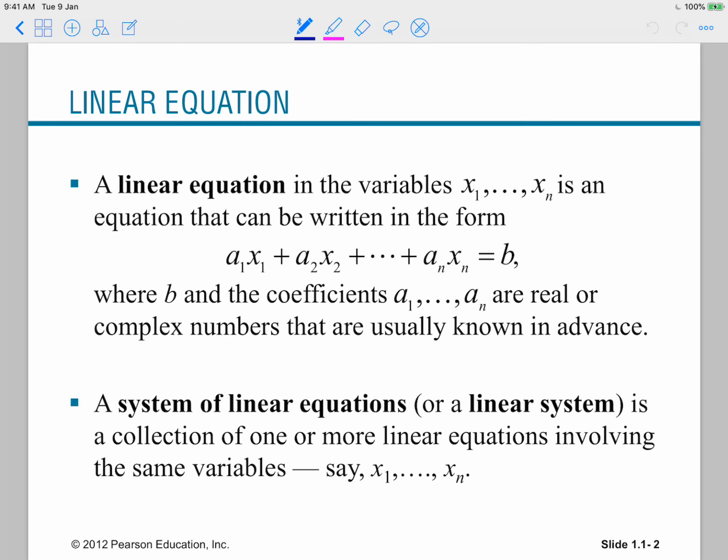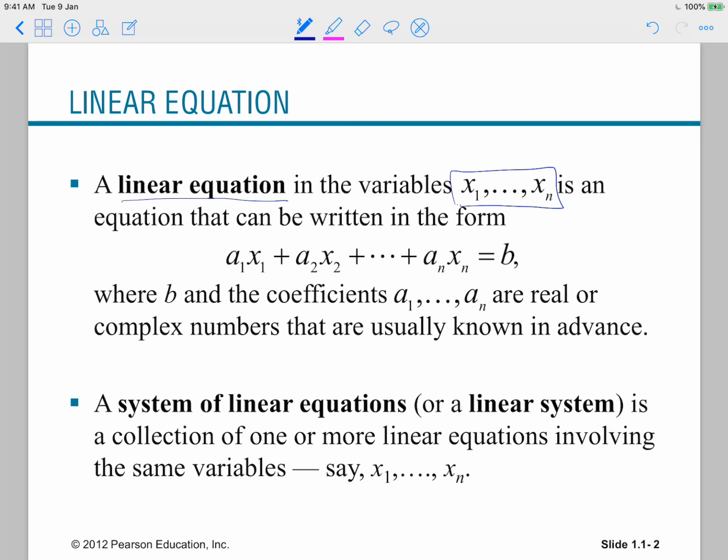Moving on to the next slide, let's briefly study this linear equation. What's the meaning of a linear equation? Here are the inputs or basic settings. We have one or more variables, and in general we can call them x1 through xn.